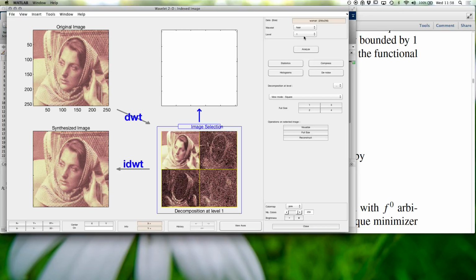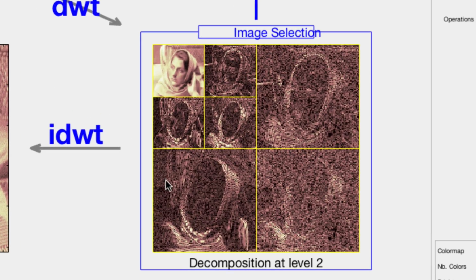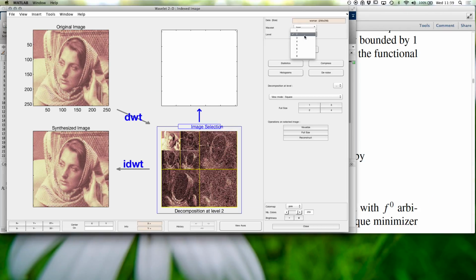Anyway, so then we can take 2 steps, meaning that we further transform this low pass part here. So these 3 detail parts remain the same, but the low pass part we again divide like this. And we can keep on doing this many times.